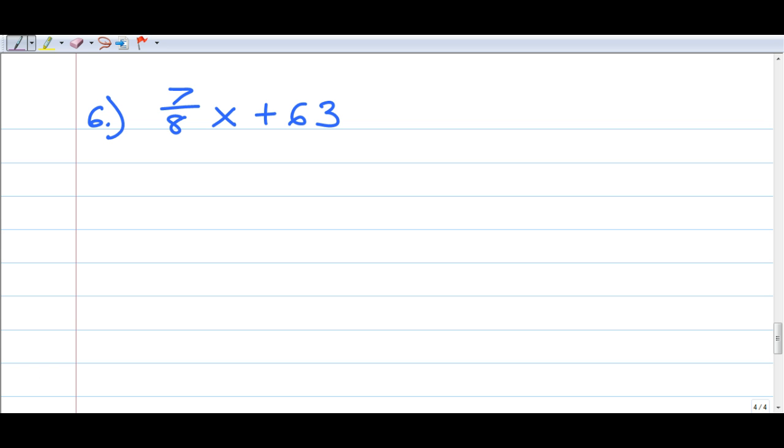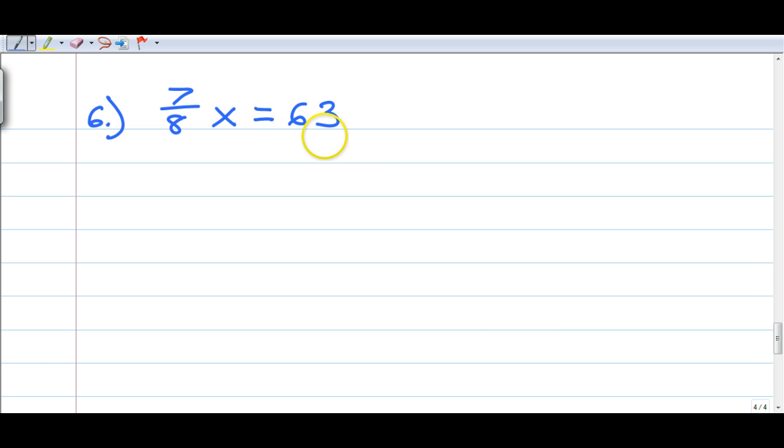In problem number 6, we have 7/8 times x. Oops, there's an error here. Let's correct it. Okay, this looks better. We have a 7/8 times x equals a 63.